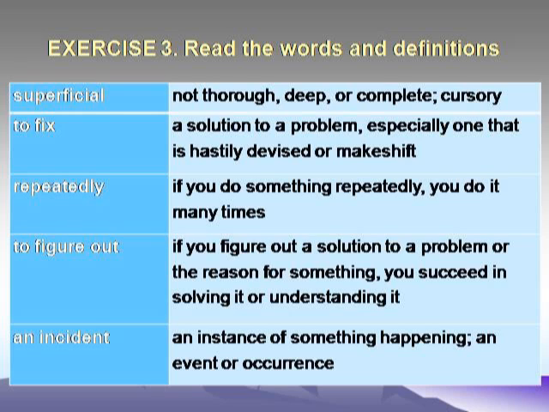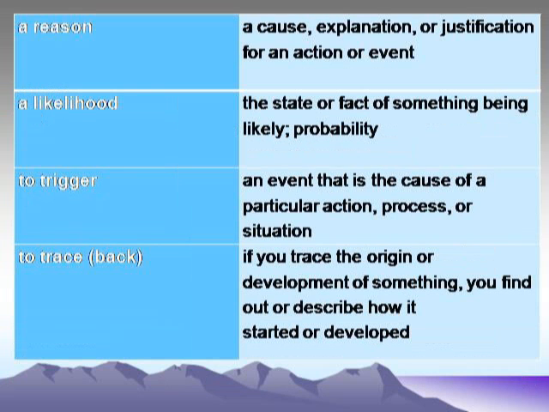An incident is an instance of something happening, an event or occurrence. The next one, a reason. It is a cause, explanation, or justification for an action or event. A likelihood, the state or fact of something being likely, probability.